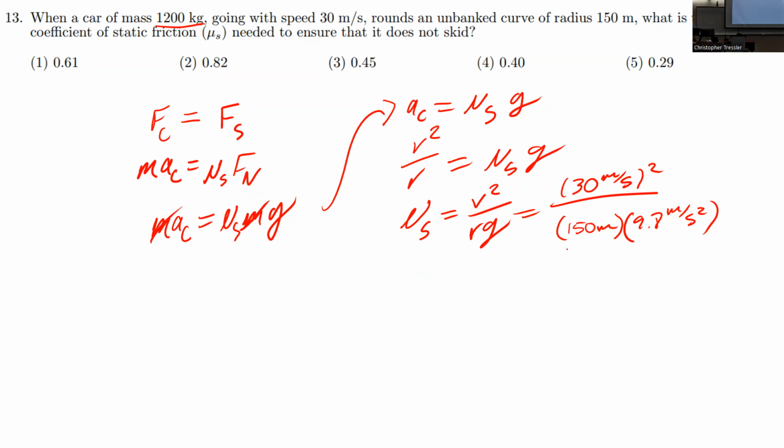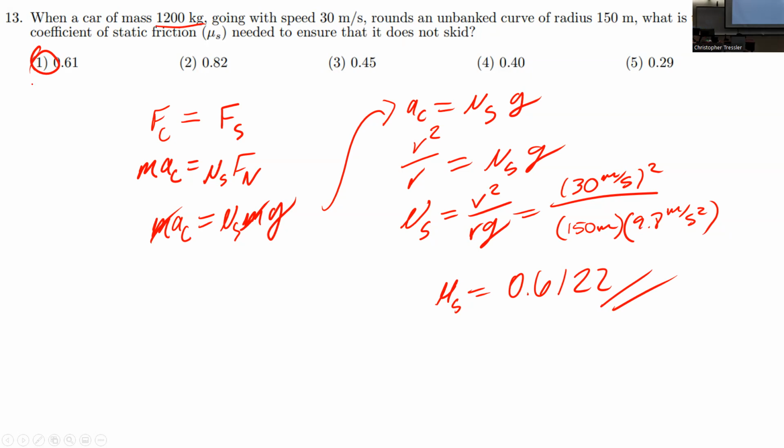On bottom, this is also going to be meters squared per second squared. So then we're going to get no units, which sounds correct. Let's see if I solve this, if I get the correct answer of 0.61. Got 0.6122. There you go, answer. Cool. So that's how you do that problem.